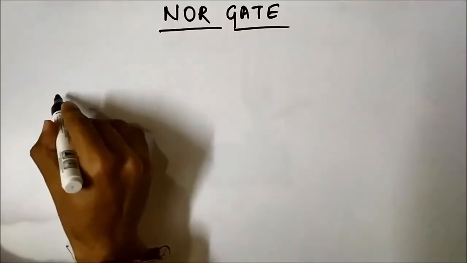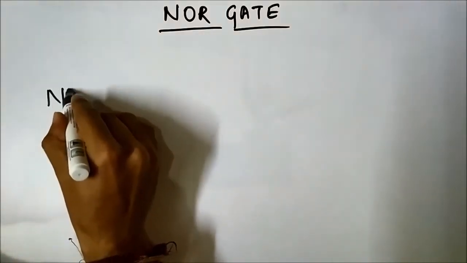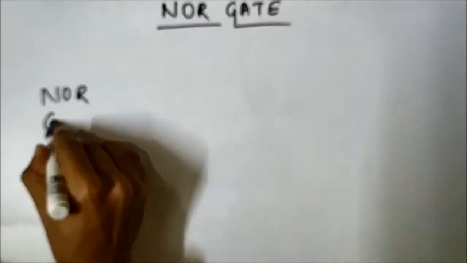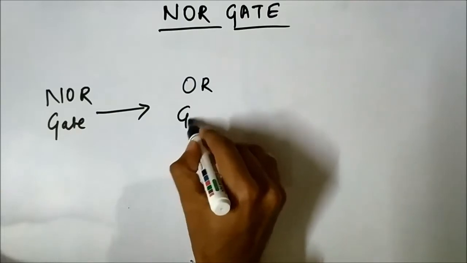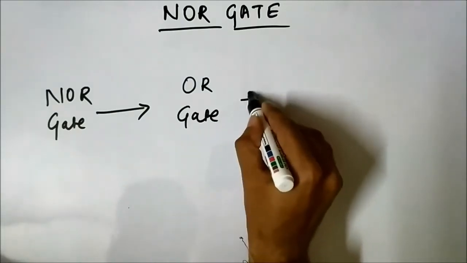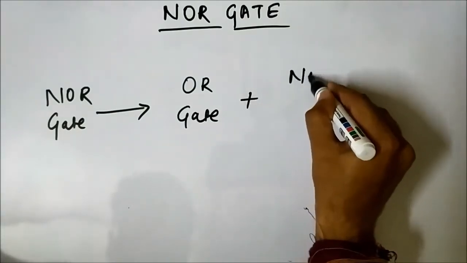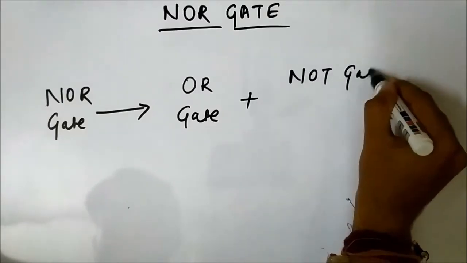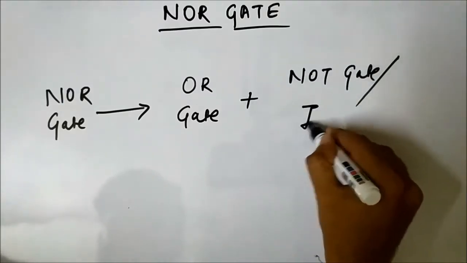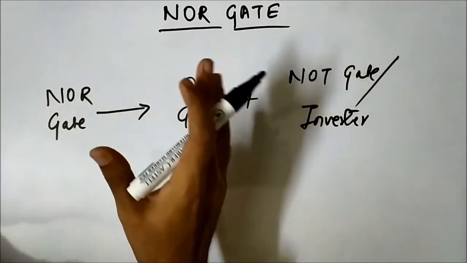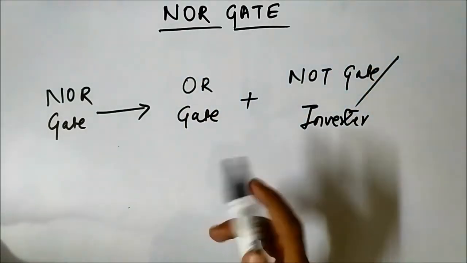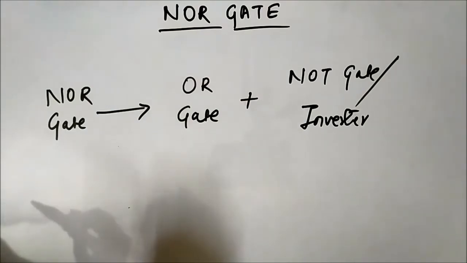So we can say that the NOR gate is the combination of an OR gate and a NOT gate or inverter. When we combine an OR gate with a NOT gate, we get the NOR gate.